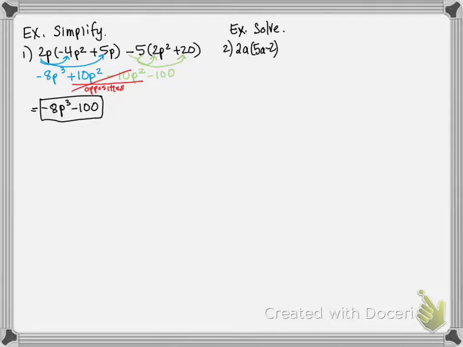We're going to add to that 3a times the quantity 2a plus 6, plus 8 equals, and we're going to have a times the quantity 4a plus 1, and then plus 2a.